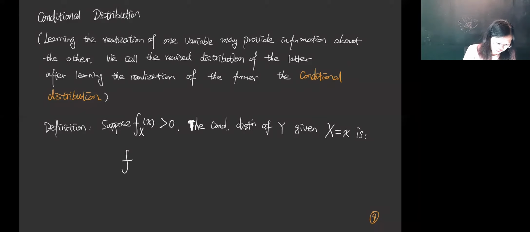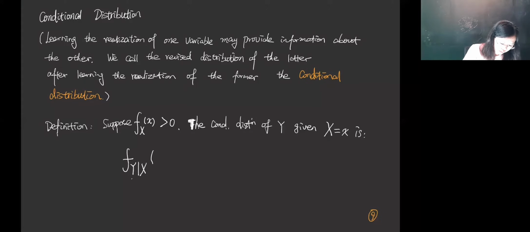The conditional distribution is written in this form. So the notation for it is little f with the variable of interest, which is y, with a vertical line followed by the conditioning variable x. Parenthesis, the value of y that we evaluate the distribution at, and the value of x that we are conditioning at. So that is the notation for the conditional distribution of y given x equals little x.